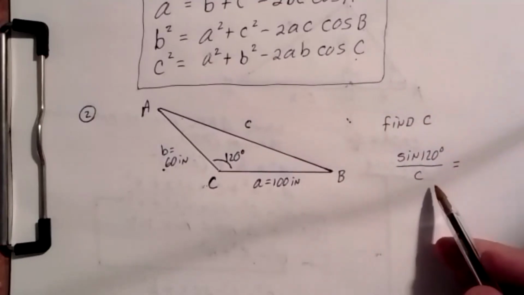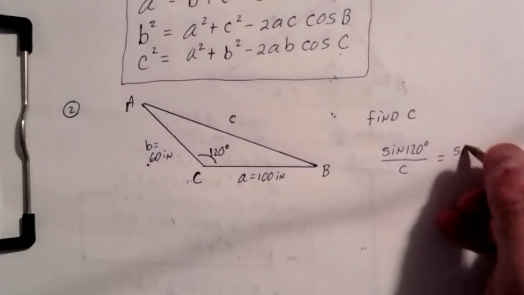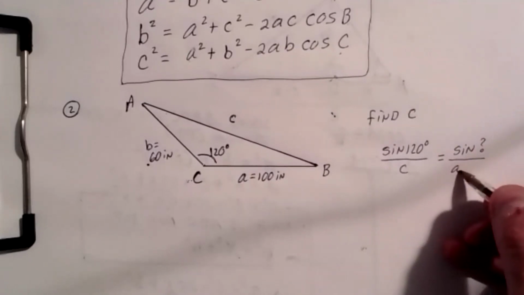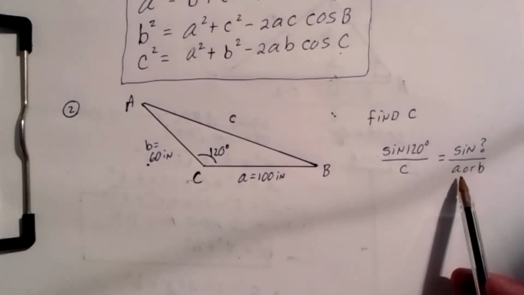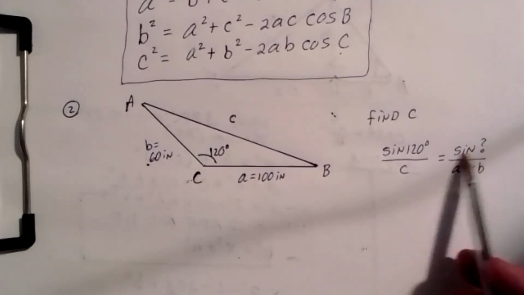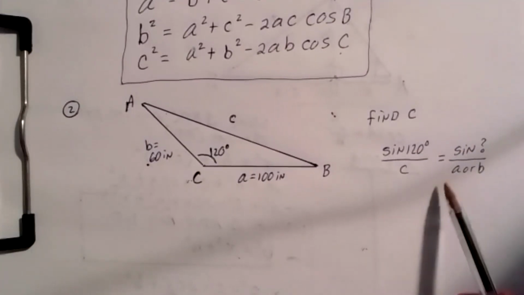Nothing wrong with that. That's cool. But what are you going to have over here? The side of angle A or B, ladies and gentlemen, we don't know angles A or B. See, we got a big problem here. Although we know sides A and B's lengths, we don't know any angle A or B. So you cannot complete this with the proportion using the law of sines.